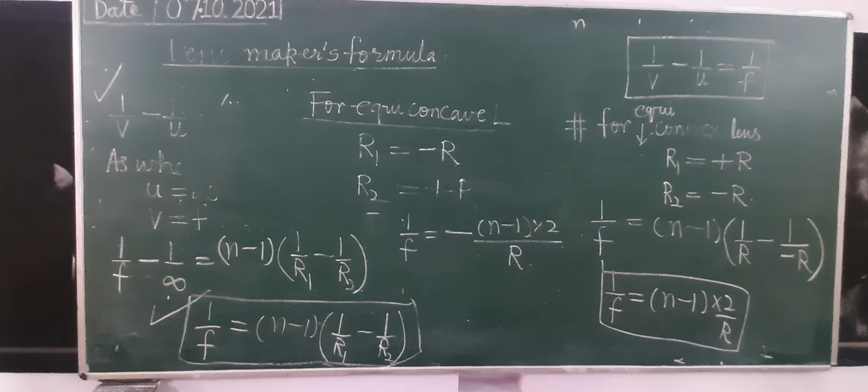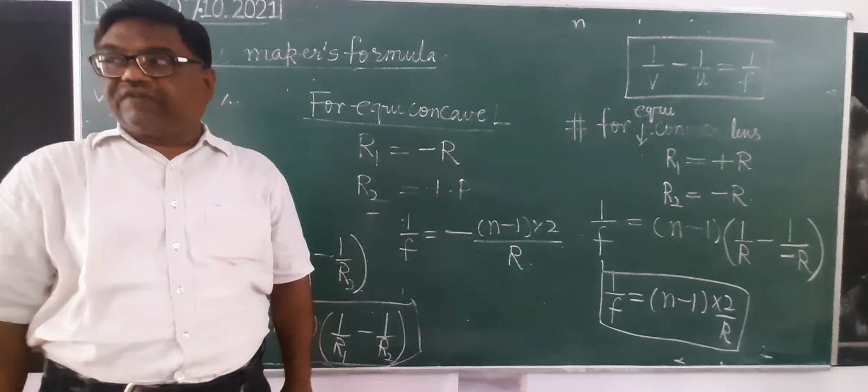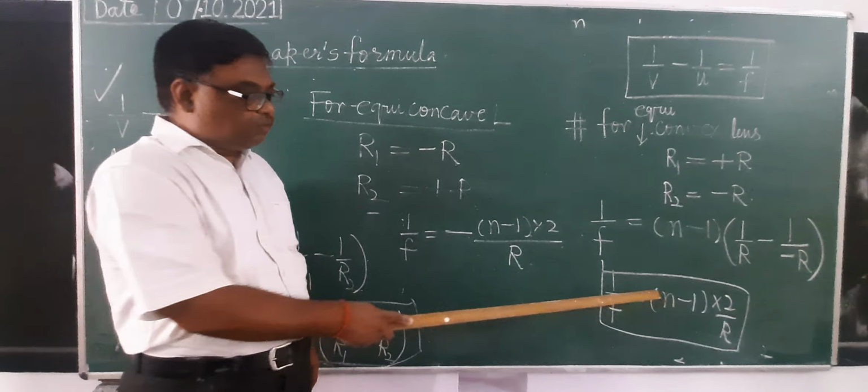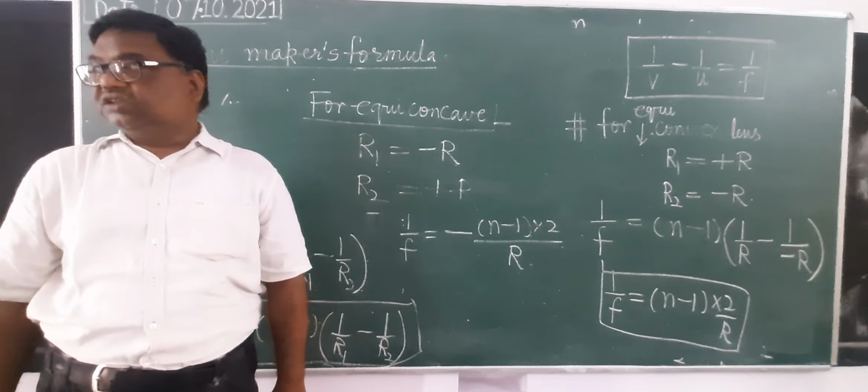Now from here you can see that the focal length depends upon the refractive index of the material of the lens with respect to the surrounding medium. It also depends upon the radii of curvature of the curved surfaces.